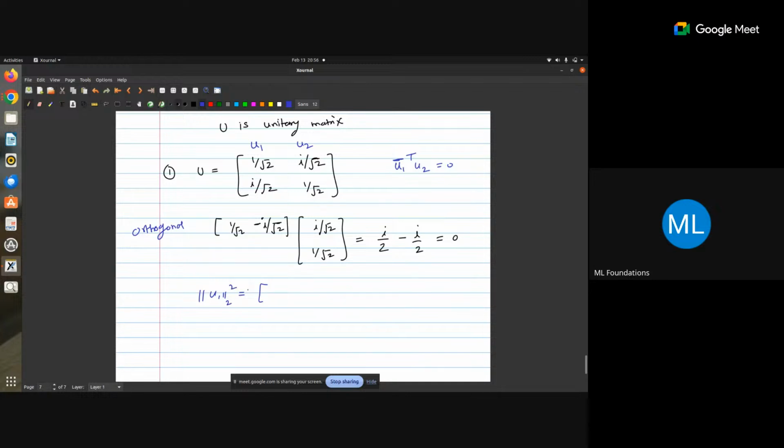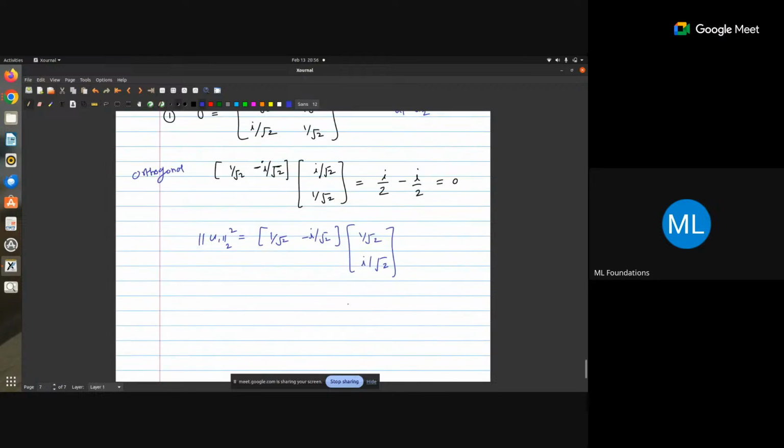I'll try to find its norm square. So again it will be 1 by root 2 minus i by root 2 and 1 by root 2 plus i by root 2, right?